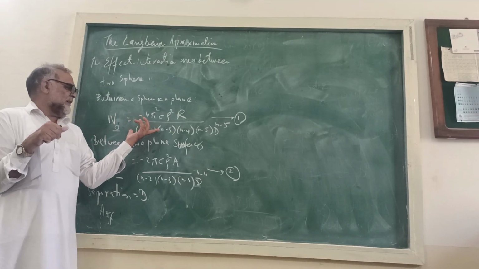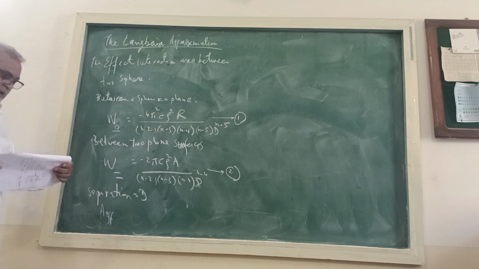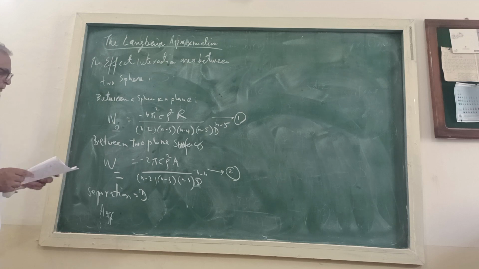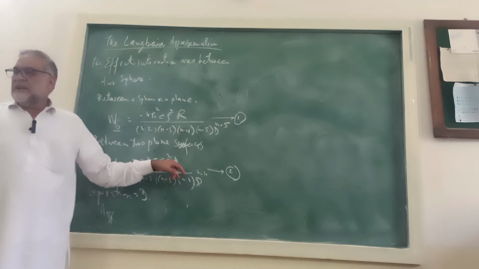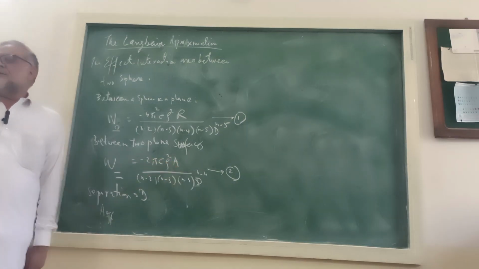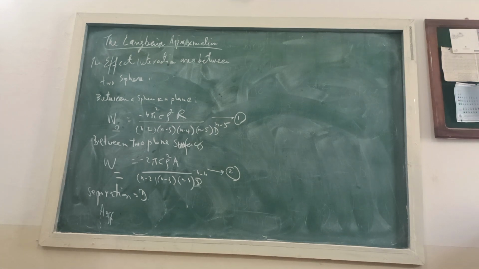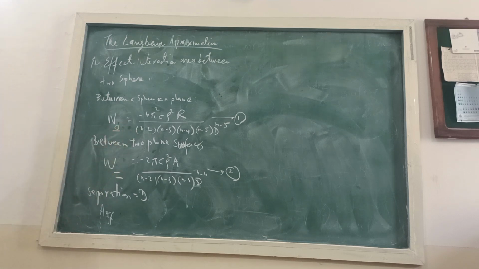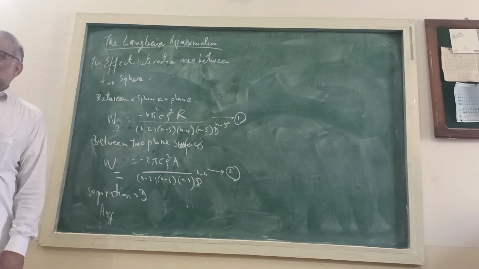Suppose A effective is the area at which these two interactions are equal, so the sphere behaves like a plane.